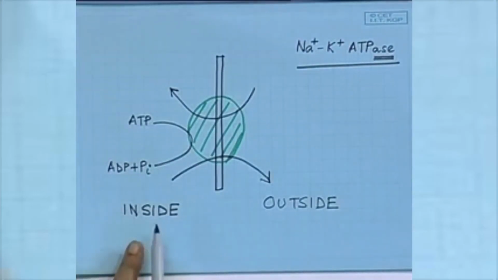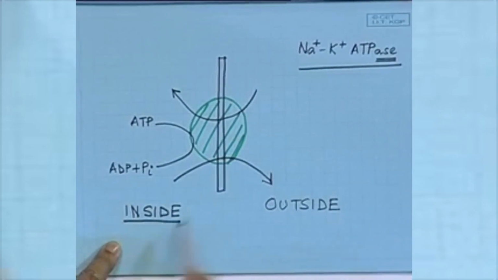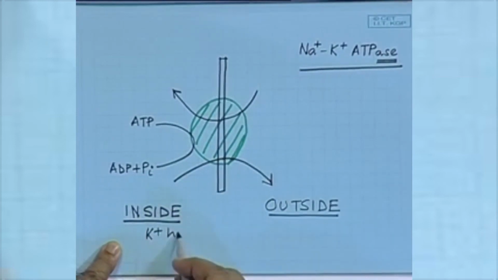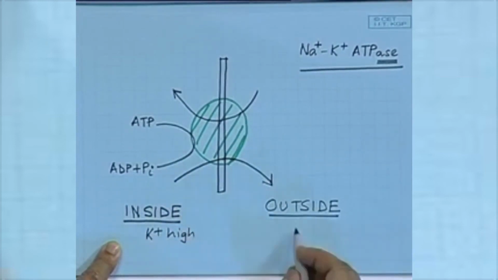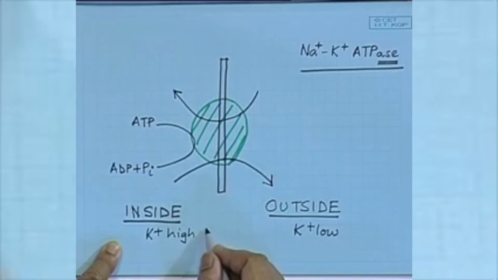Now, which ion has to go from the inside to the outside? What do I have higher inside, sodium or potassium? Potassium is high inside and potassium is low outside, and the opposite for sodium.